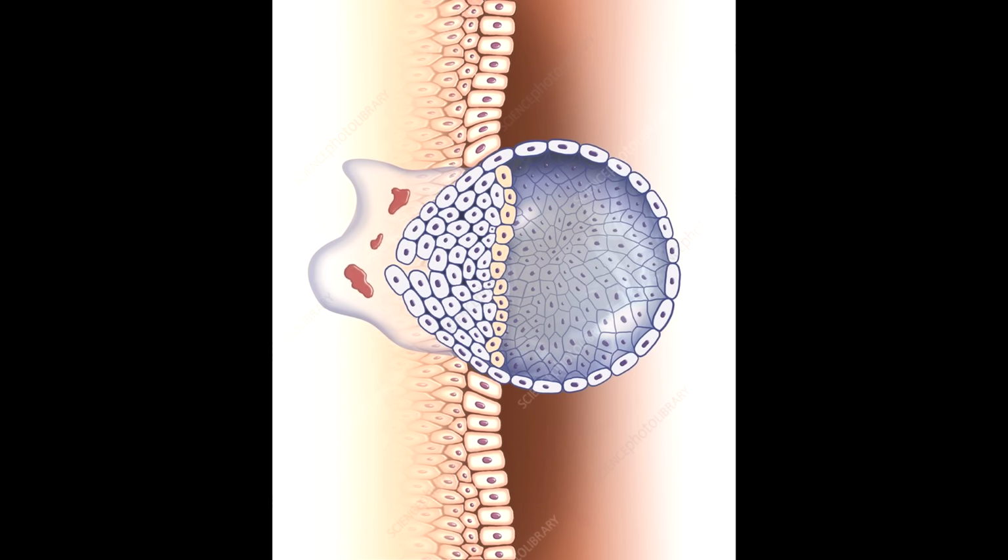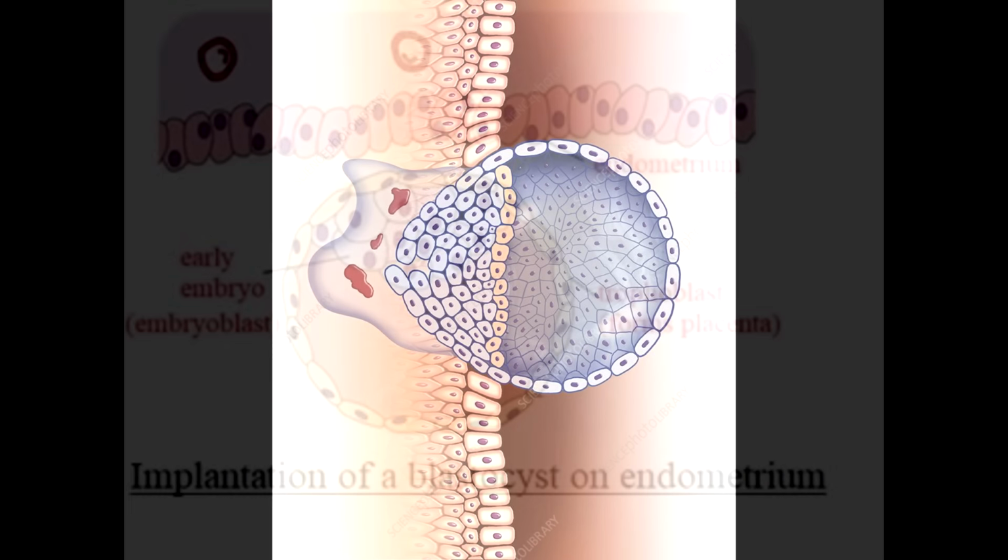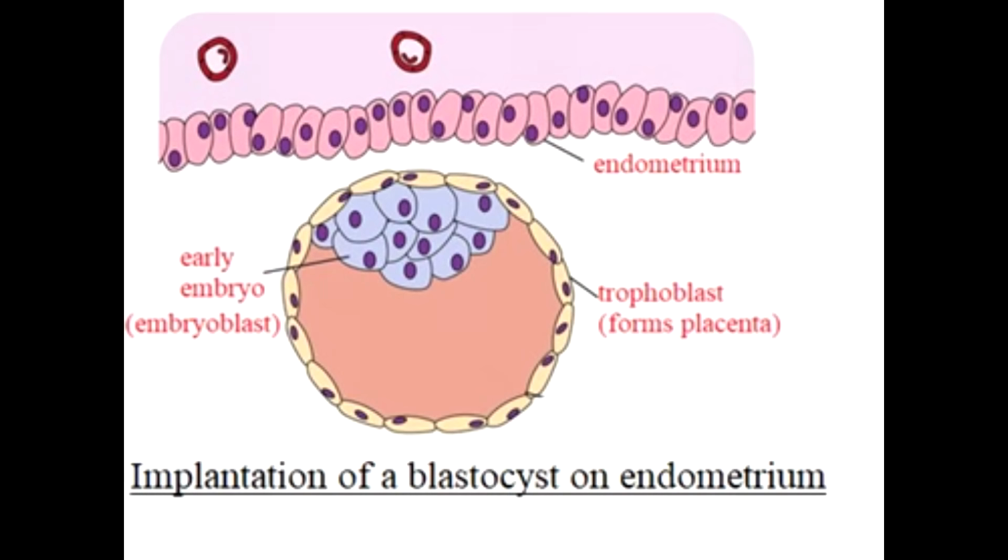Now the blastocyst contains these specialized cells called trophoblasts. Think of them as being on the outer border of the blastocyst, and they secrete enzymes that allow attachment of the blastocyst to the endometrium. Think of those enzymes as digesting a little pocket in the endometrium.